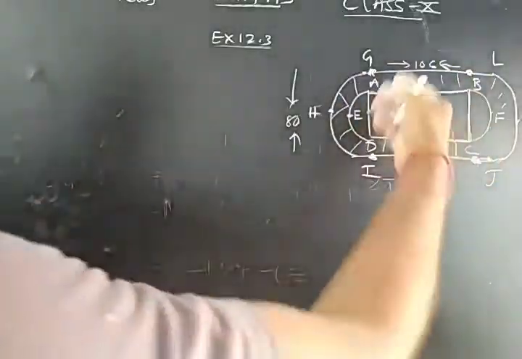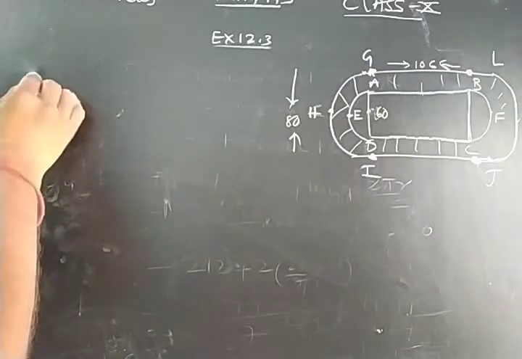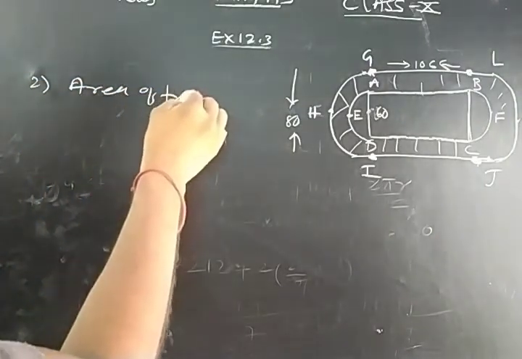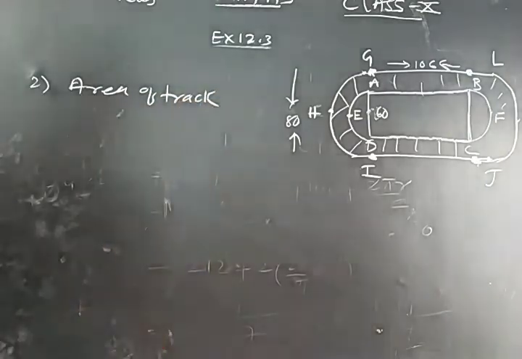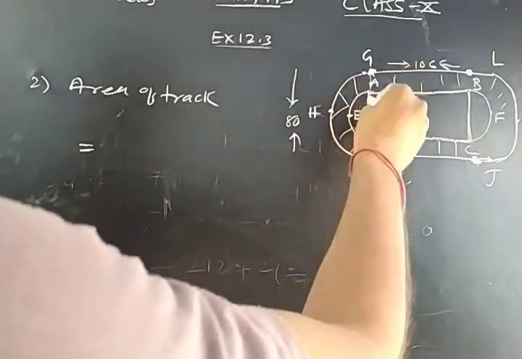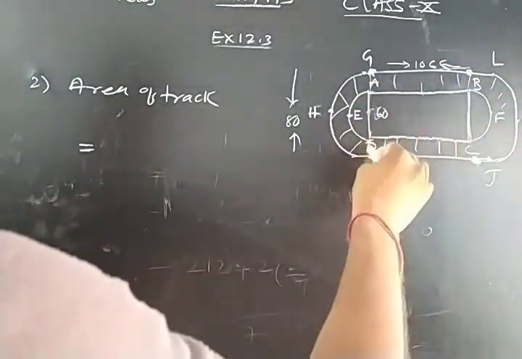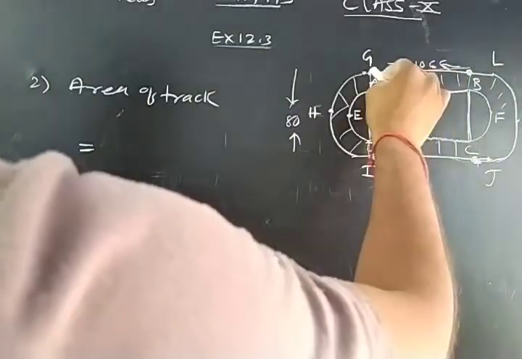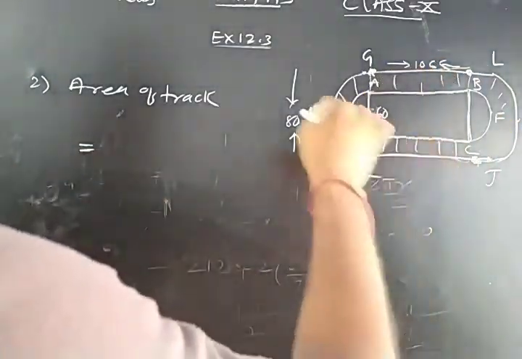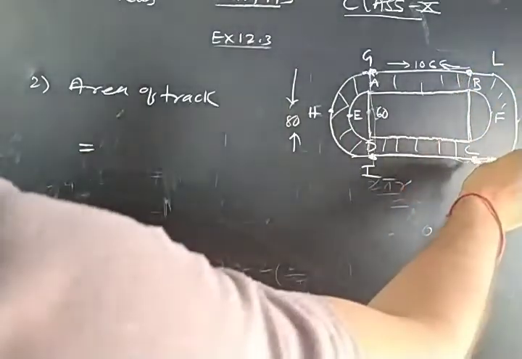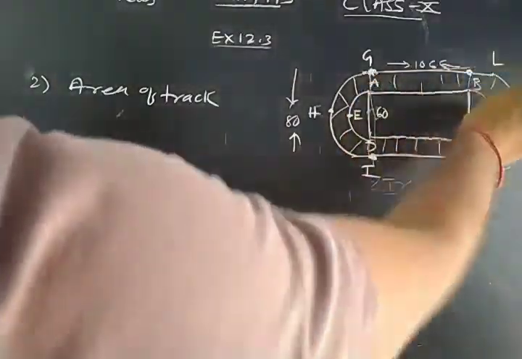Now we have to find the second question, area of the track. How to find area of the track? See here. Suppose I am taking this total rectangle. What is the length? 106. What is the width? 80. So I am taking rectangle GLJI.